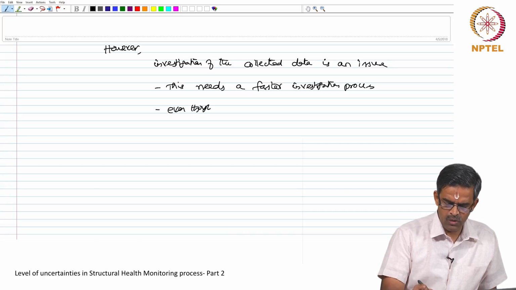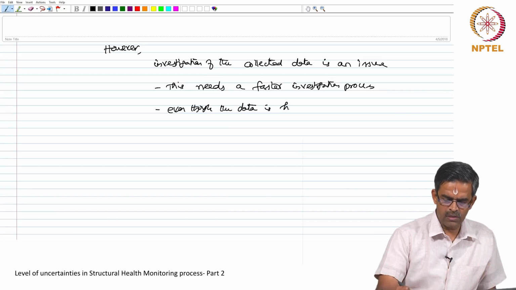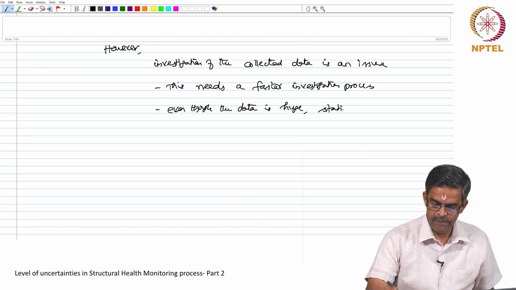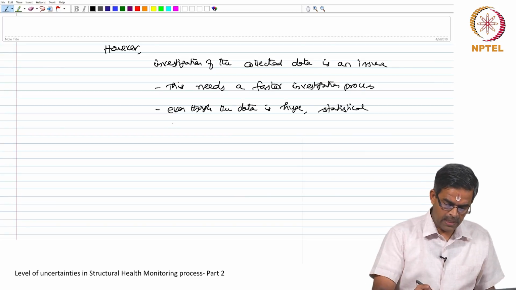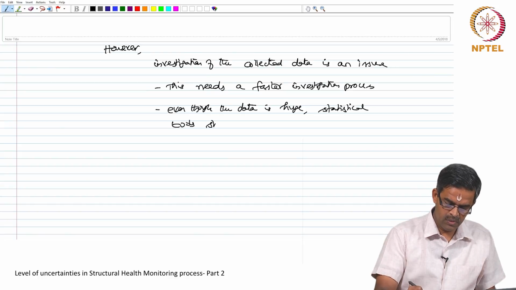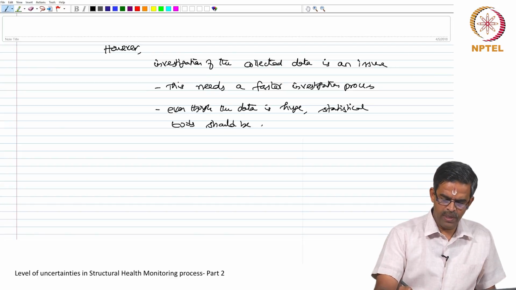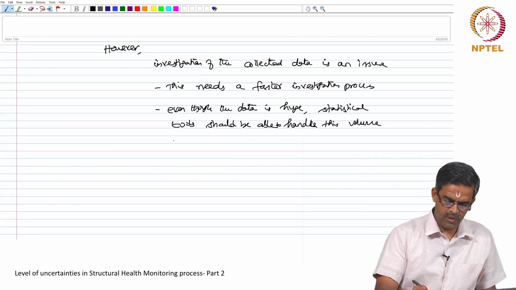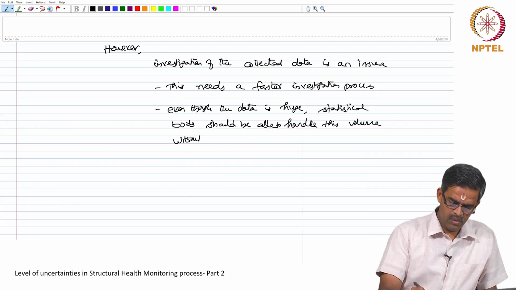Even though the data is huge, in case of, let us say, continuous monitoring, statistical tools should be able to handle this volume without any residual error.